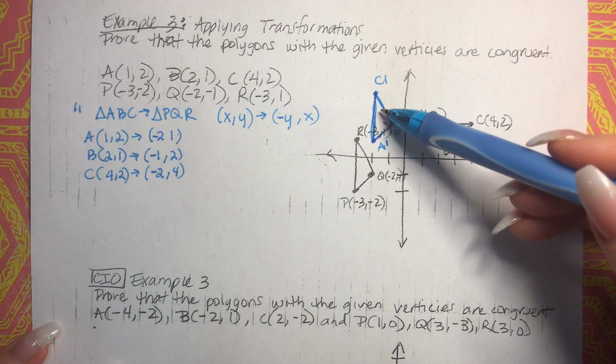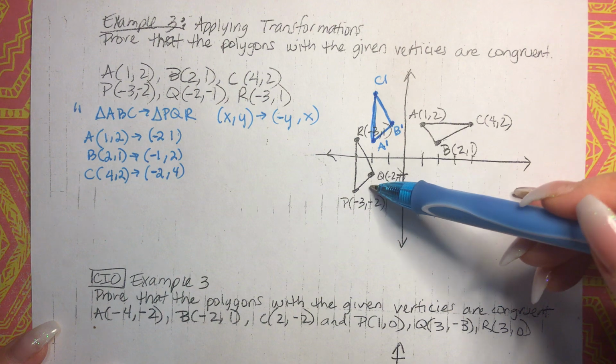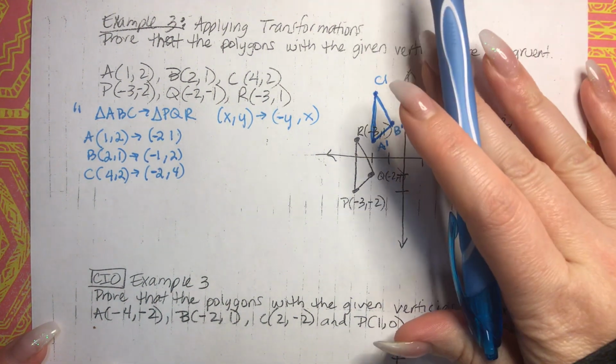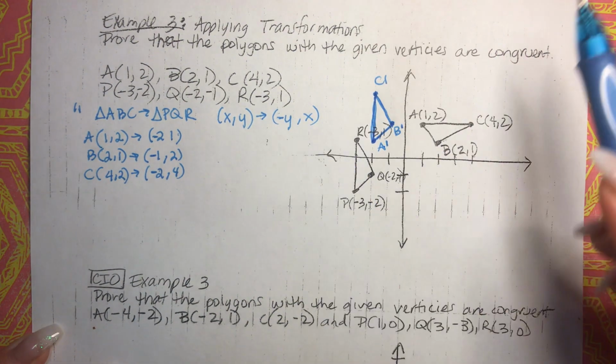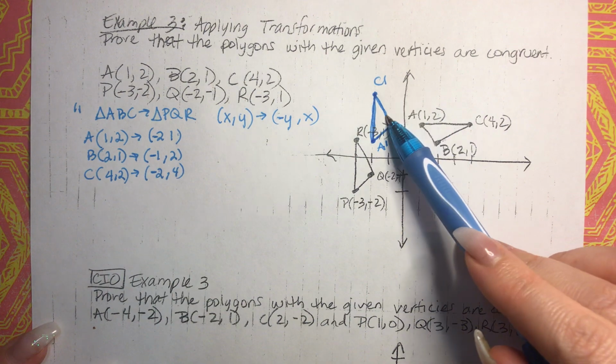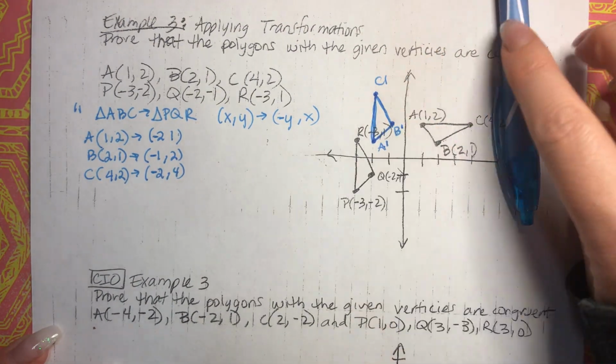So it's rotating, but what else? It's rotating, and then what does it look like from here down to here? Well, it seems like it's staying in the same position. It's just shifting down. So what we end up having is a counterclockwise rotation, and then a translation that's shifting us down how many?